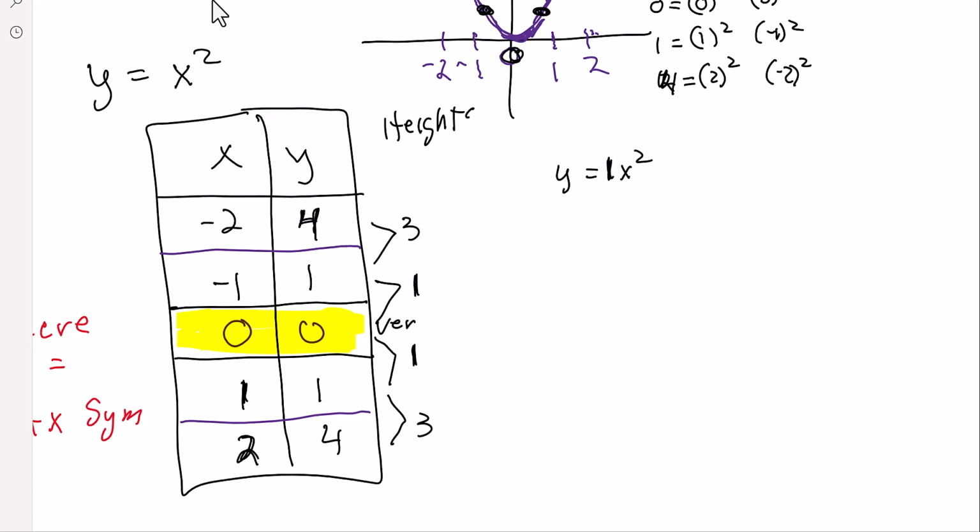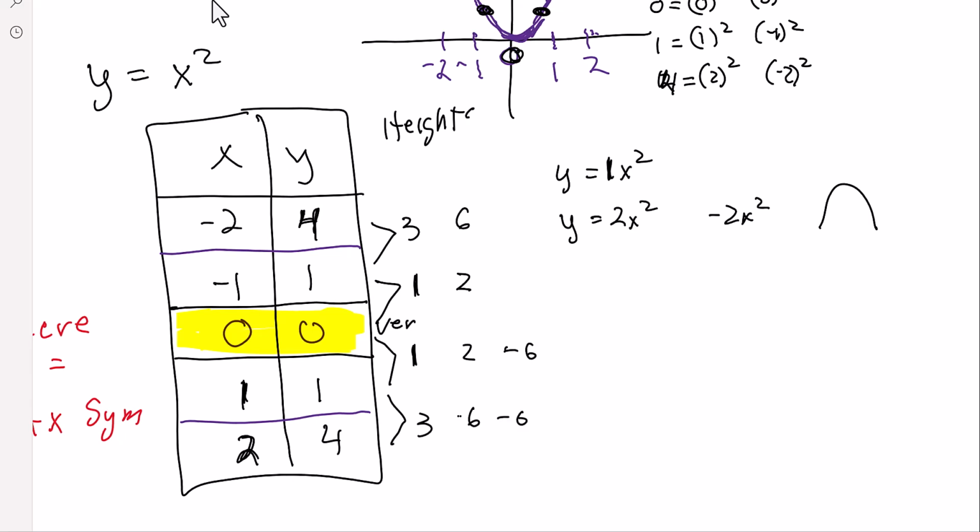If in the table you put 0, then you put 3, then you put 6, that specific pattern is out the window. Now, if we had y is equal to 2x squared, well then that would increase 2, and then 2 times 3, that next pattern would be 6. If it was negative 2x squared, so the graph would look like this, that would be negative 2 and then negative 6.